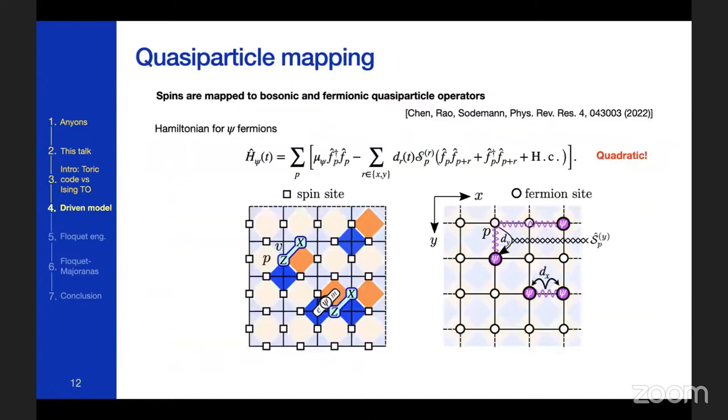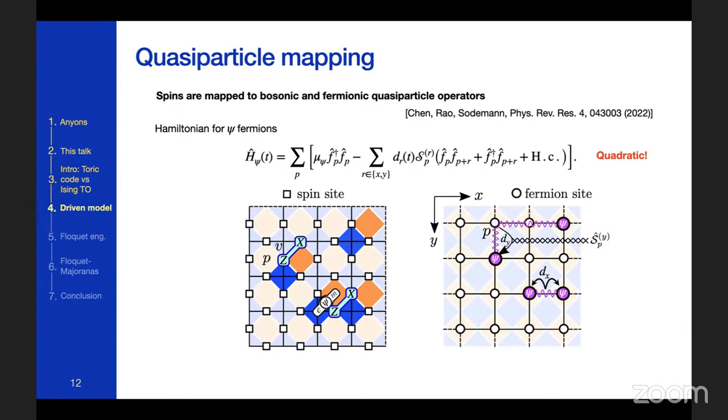But now, it's hard to understand, from the perspective of the spins and this complex toric code, how the excitations actually behave. A formalism that can help us in this is a mapping that was worked out, for instance, in this paper by Sherrod and Solomon, which essentially maps the spins to operators that describe the quasiparticle excitations.